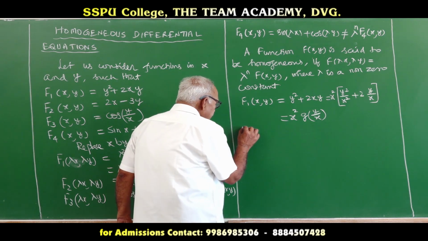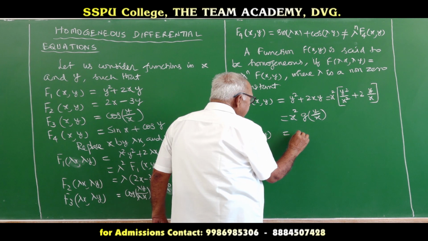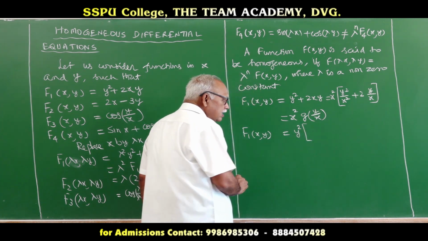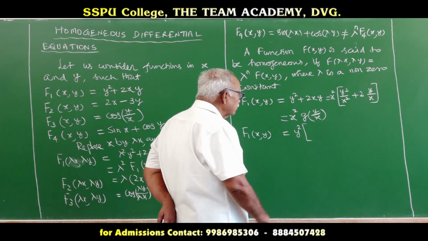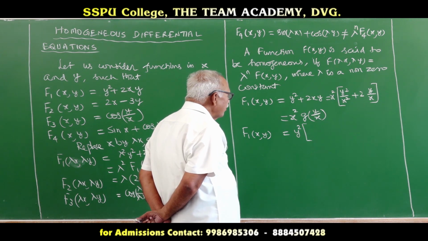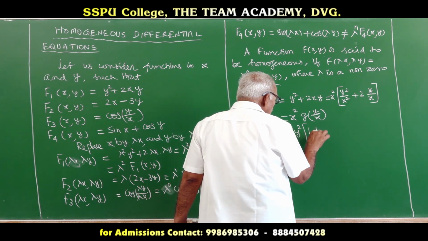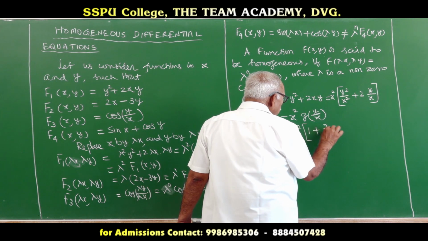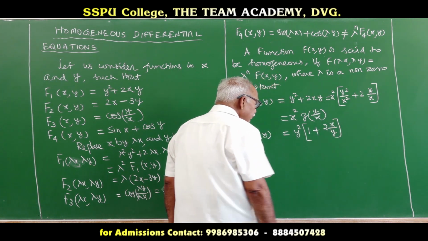One more method we can do, same function f1 of x, y. Let me take y square outside. If you take y square, it will be 1 plus 2 into x by y. Is it all right?